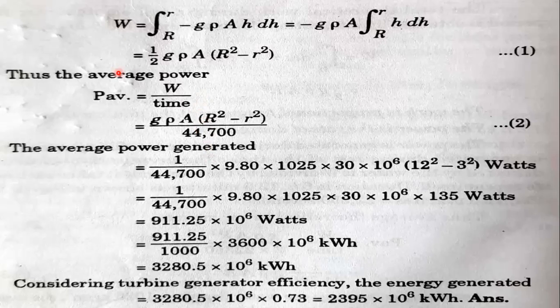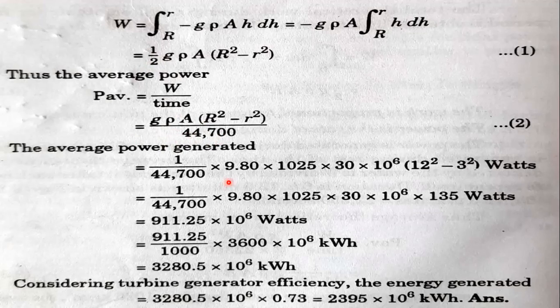We are calculating for 6 hours 12.5 minutes. If you convert 6 hours 12.5 minutes, we will get 22,350 seconds. So that 22,350 seconds multiplied by 2 here, since 1 by 2 in work done comes in the denominator. So 2 into 22,350 becomes 44,700. This is the P average.